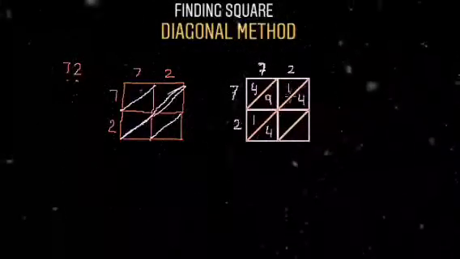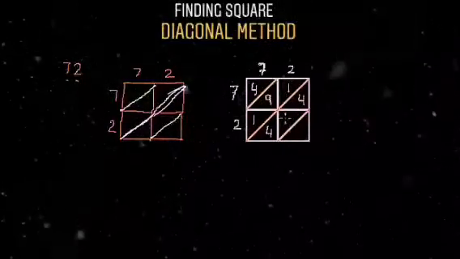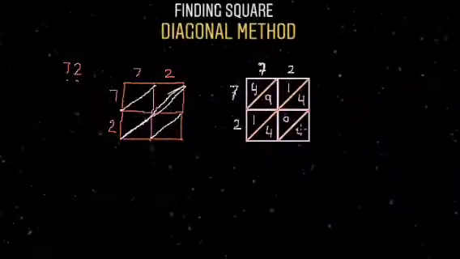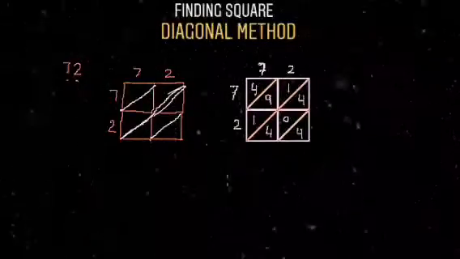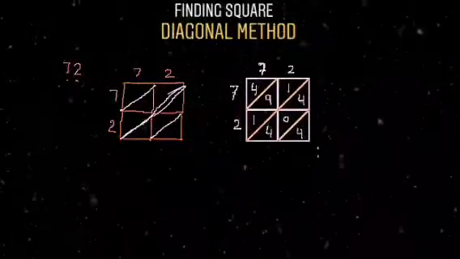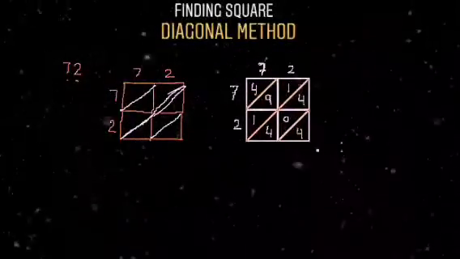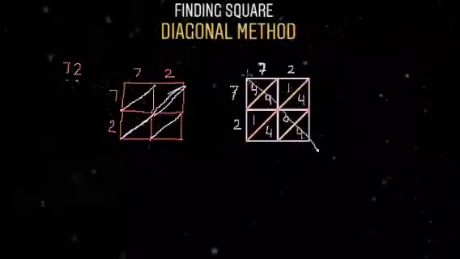Now second row and second column, 2 times 2 is 4. How will we write 4? Since we need to fill up the tens place, we will write 0 and then 4. Now I'm going to add the numbers, starting from this point and going in this direction.